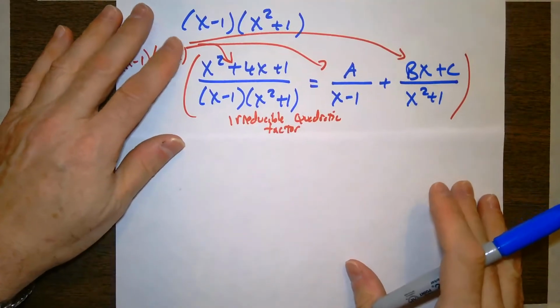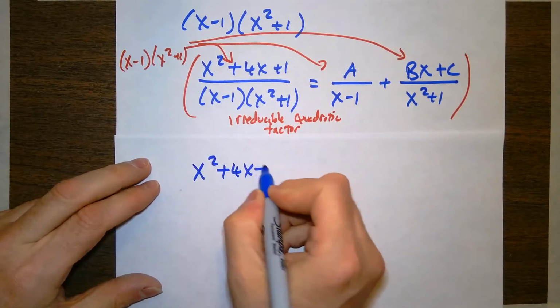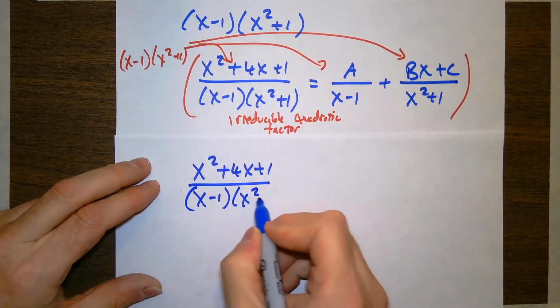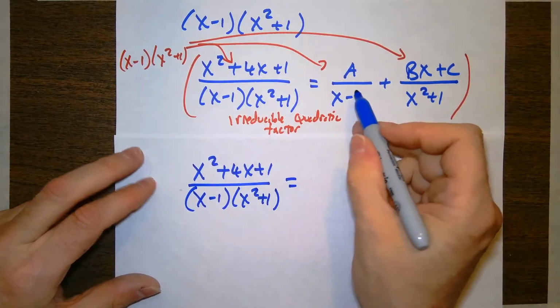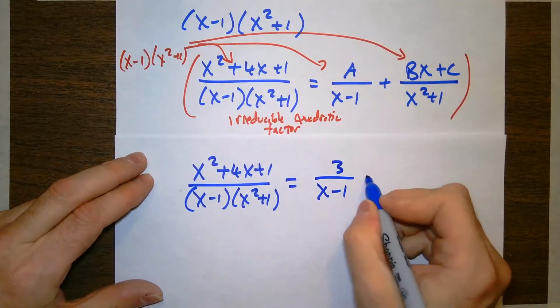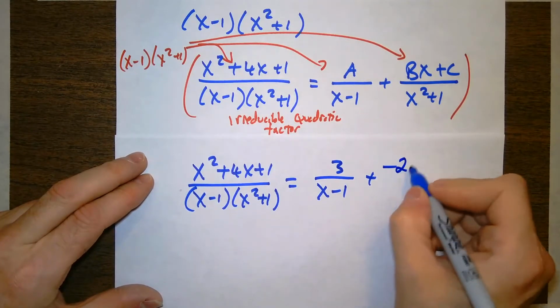Here it is. And I know that x squared plus 4x plus 1 over x minus 1 times x squared plus 1 decomposes, breaks down to my a value, which is 3 over x minus 1, plus bx plus c. My b was negative 2, so negative 2x.